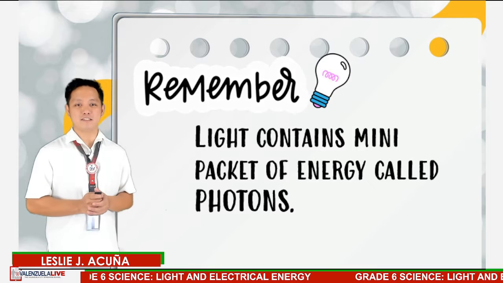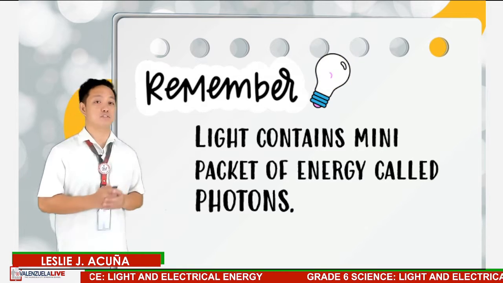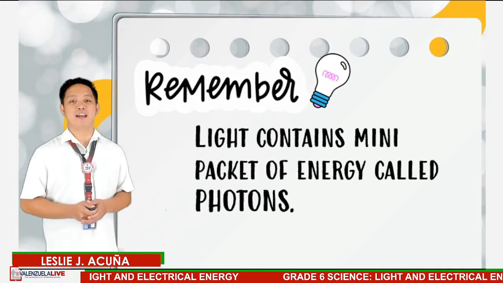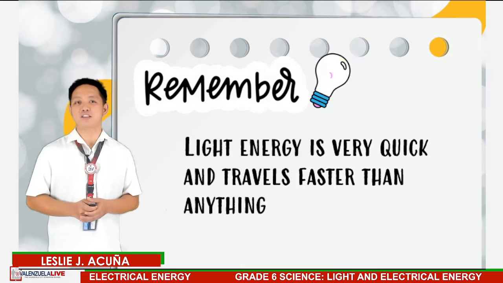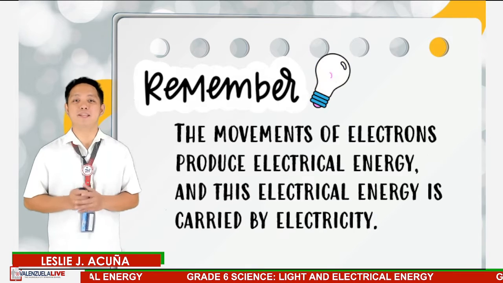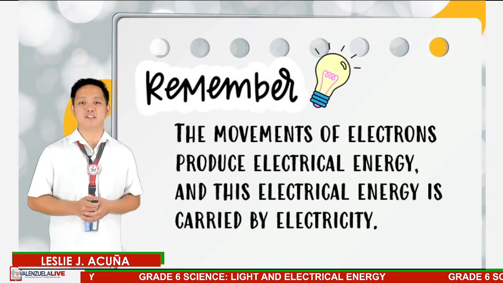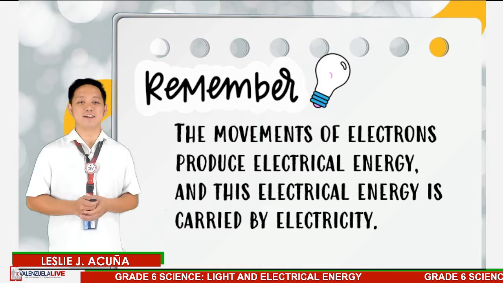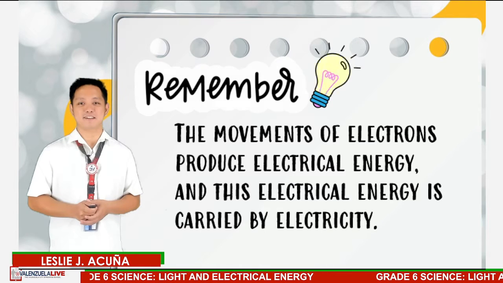Light contains many pockets of energy called photons. Light energy is very quick and travels faster than anything. The movement of electrons produces electrical energy, and this electrical energy is carried by electricity.